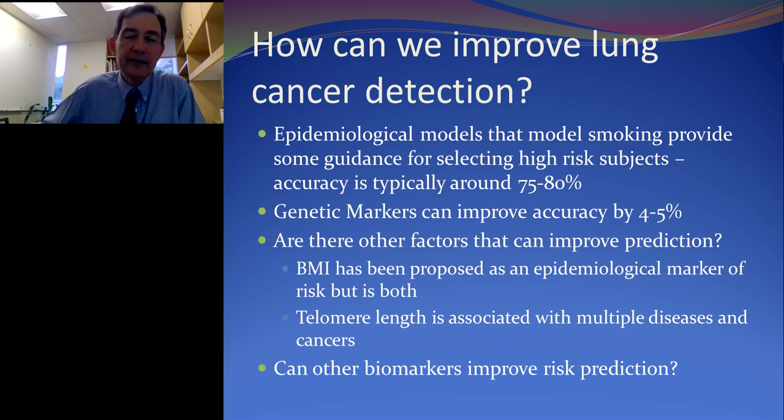Genetic markers can improve the risk prediction by 4 to 5%. But what about other factors like BMI, telomere length, and can we identify some other biomarkers that would improve the risk prediction so that we can even further restrict the screening behaviors to those that would benefit the most?